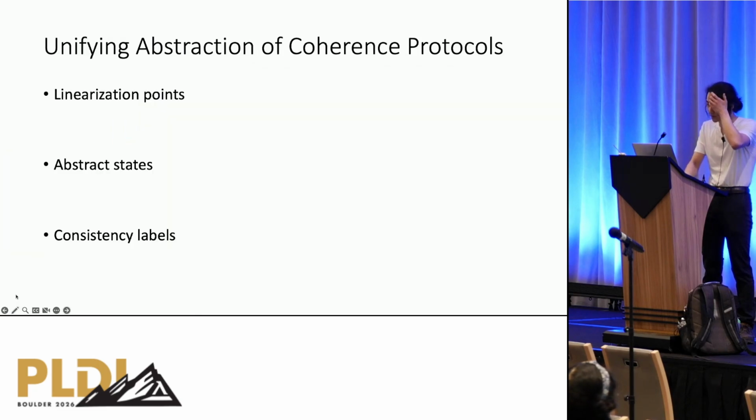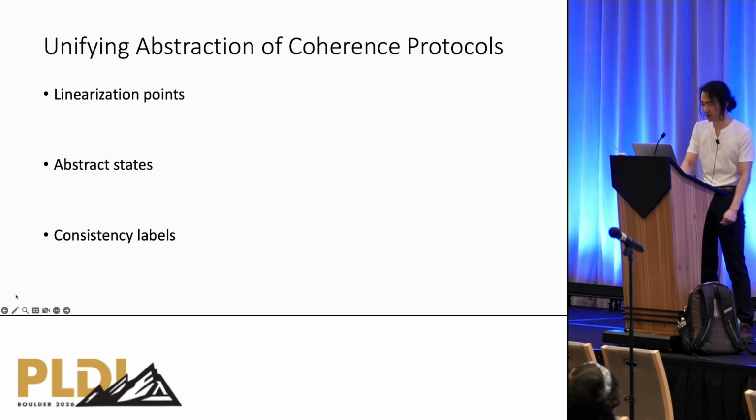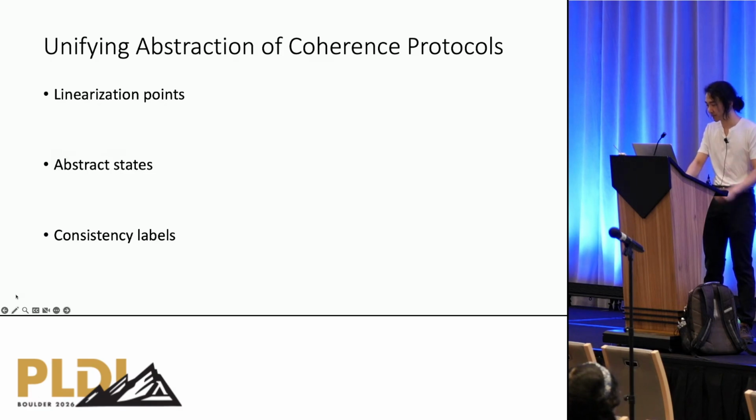So our key idea is this unifying abstraction for coherence protocols, one in which we can express all of these very different protocols. And the abstraction has to walk a thin line: be rich enough to express every protocol, yet abstract enough that we can reason about correctness uniformly across all of them. So to that end, we present 3 ideas. First, linearization points. This is the point at which a coherence protocol makes a memory operation visible.